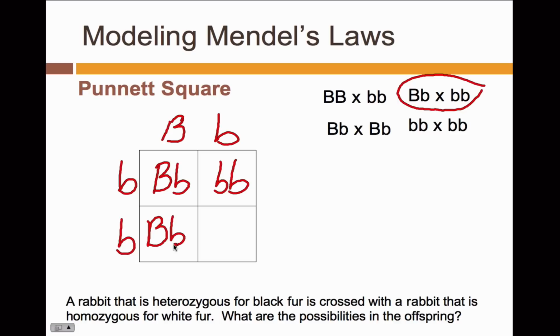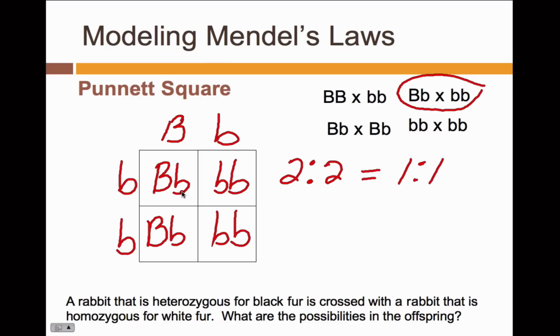We have a capital B, lowercase b here, and we have the two lowercase b here. So this situation would give us 2 of the offspring would be heterozygous dominant and 2 of the offspring would be homozygous recessive. So we can look at that in terms of ratios. The ratio would be 2 to 2, and we would simplify that. That would be a 1-to-1 ratio.